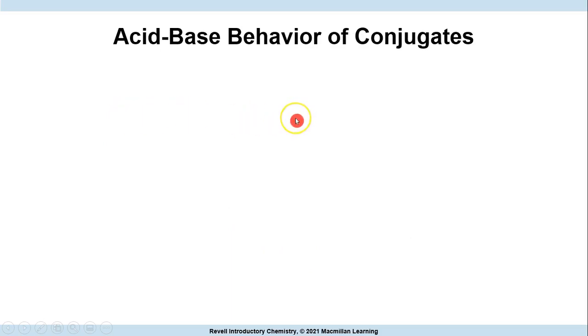Now let's look at the acid-base behavior of the conjugate acids and bases. We have this acid here, hypochlorous acid, and here we have this base.